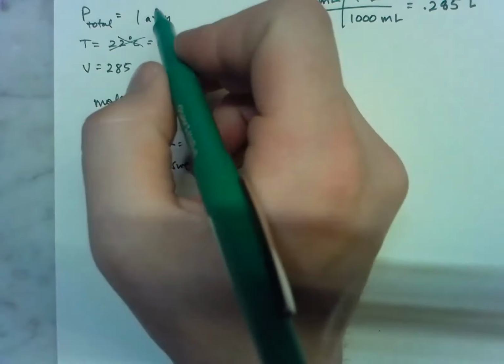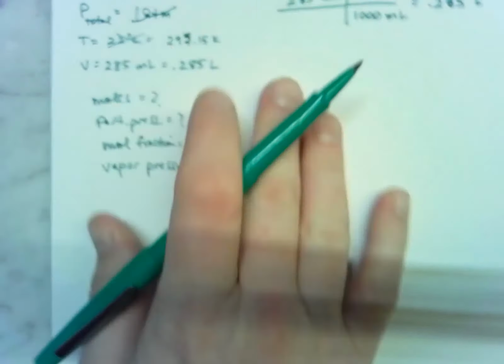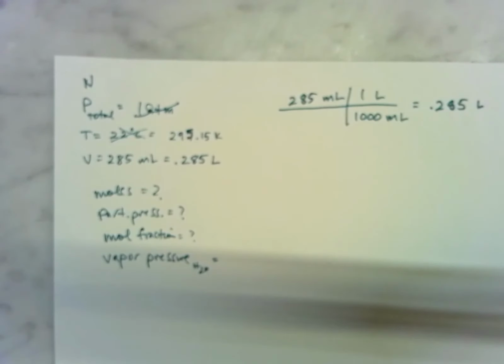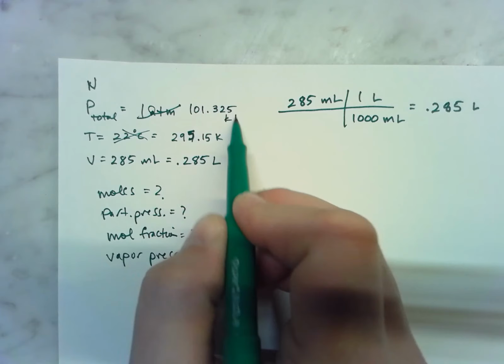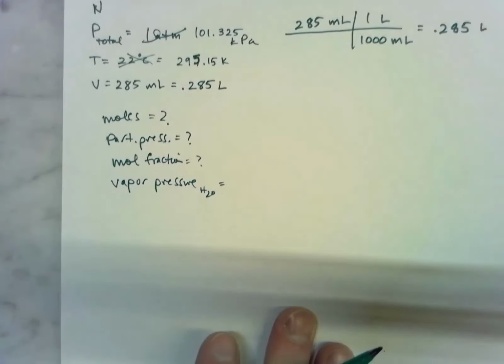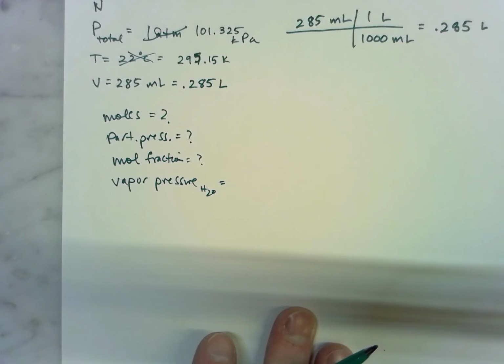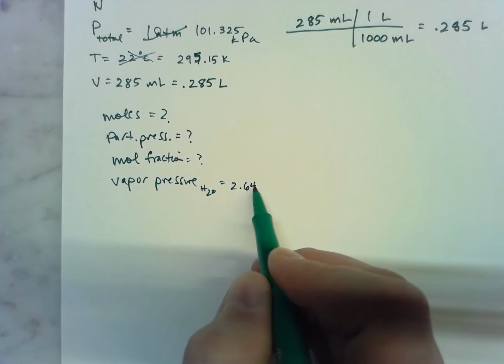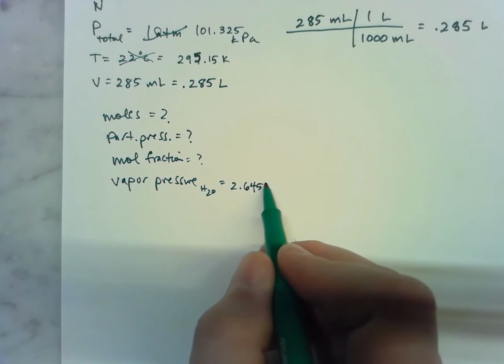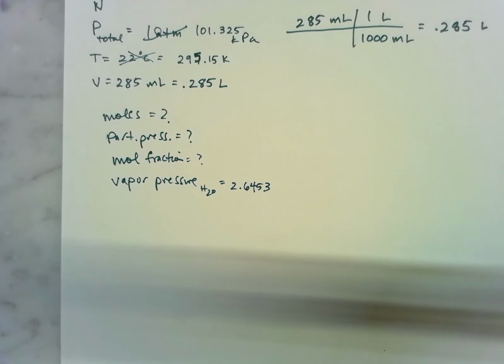All right, so we'll go ahead and get rid of the atmospheres and just do 101.325 kPa, and then we'll get our partial pressure in that as well. We're at 22 degrees, and so that puts us at 2.6453 kPa at 22 degrees. Okay.